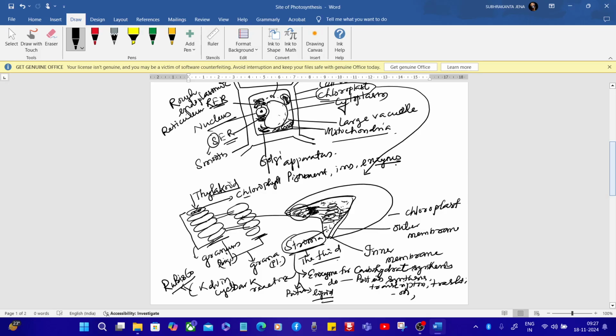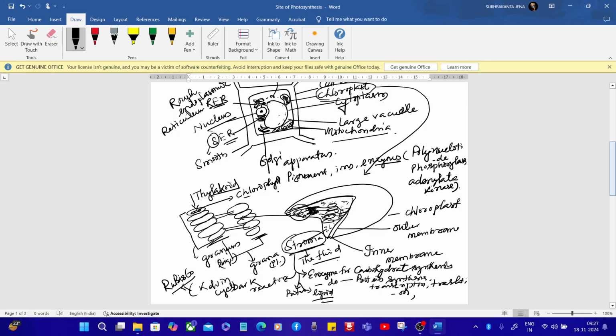Some enzymes are also found inside the disc, like polynucleotide phosphorylase enzyme, and in addition to that, adenylate kinase enzyme is also there.